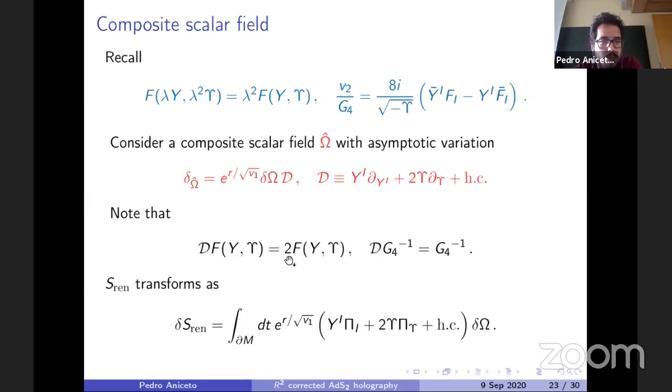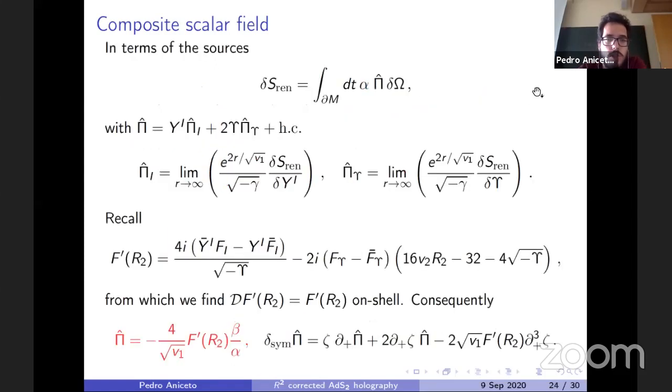You can see here that it gives you a 2 for the holomorphic function f, and it also acts on the Newton's constant as follows. Varying the renormalized action with respect to this composite scalar field, we obtain this expression, which once again can be presented in terms of the sources in this manner.